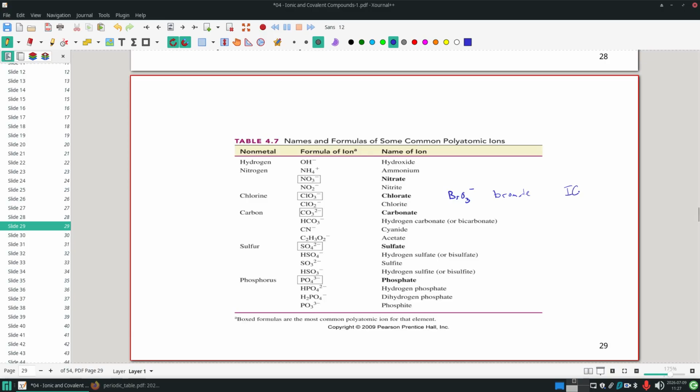And iodate. Doesn't that sound like a made-up word? Well, it kind of is, but it was made up to follow along the family line here. All right, but we will use these things, and they form ionic compounds because these are ions.